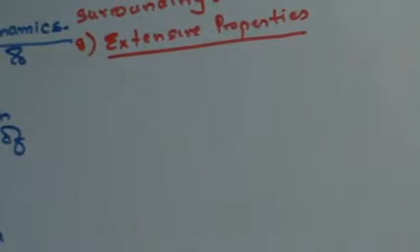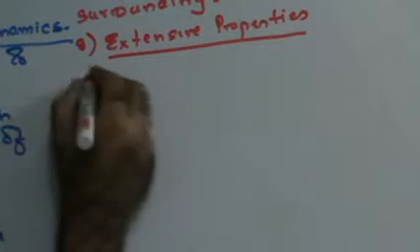So properties of which the magnitude depends upon the quantity of matter present in the system, the more the matter, the greater those properties, are called extensive properties. Right? So what are extensive properties?